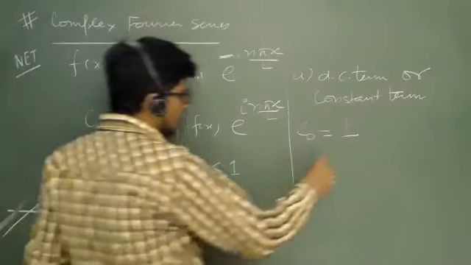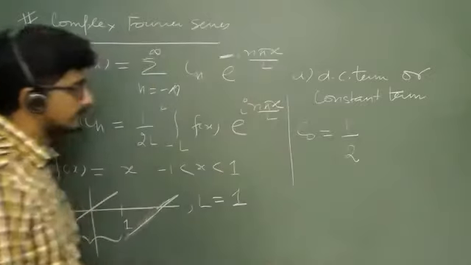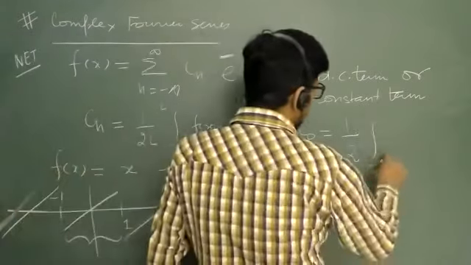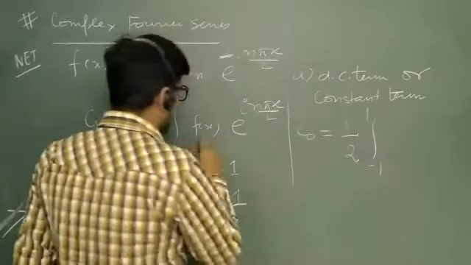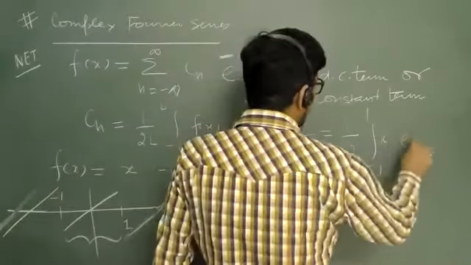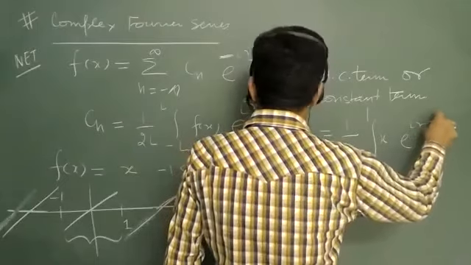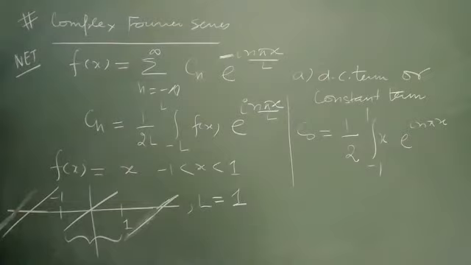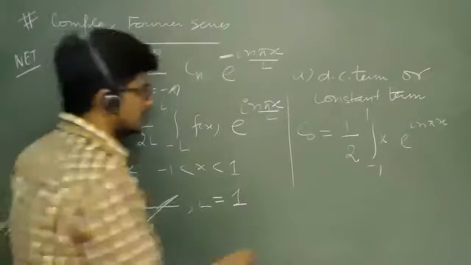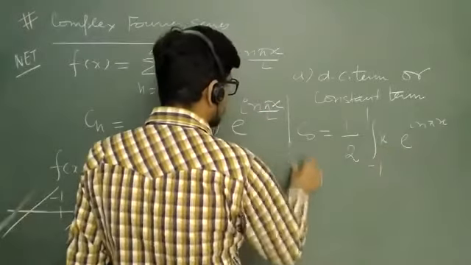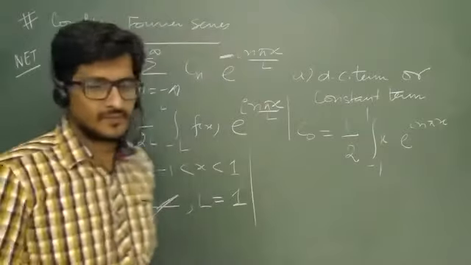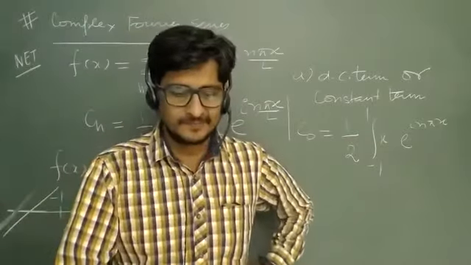It will become C naught is equal to 1 over 2. Okay, L is 1, minus 1 to 1, right? Fx is x, e to the power I n pi x by L, which is 1, right? So is this even function or odd function? Odd function. Sir, n will be 0.